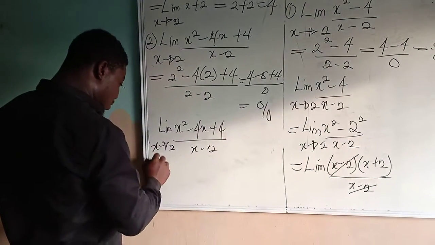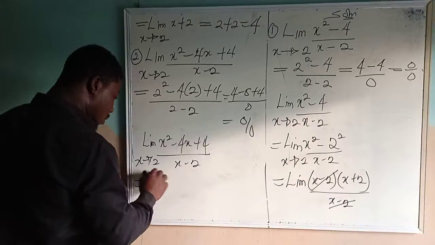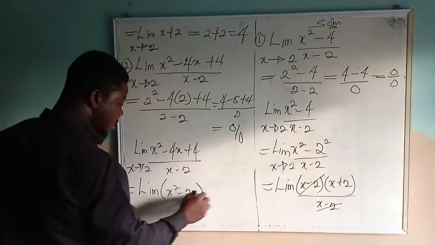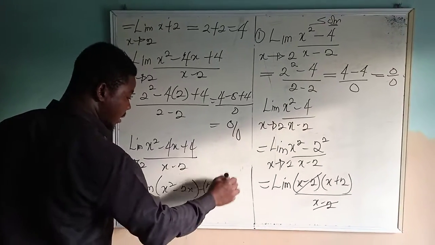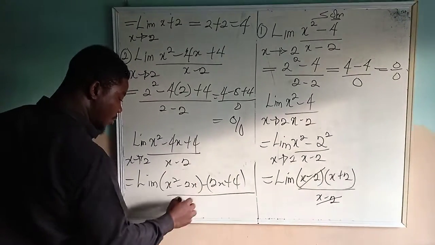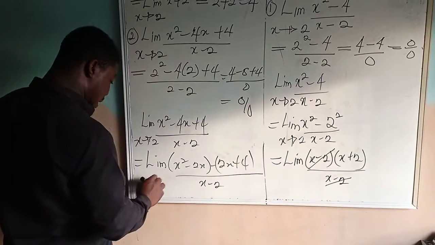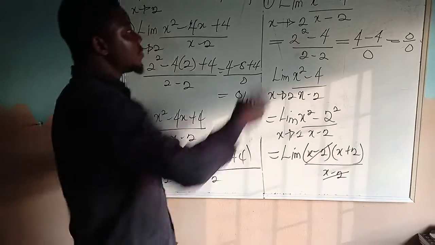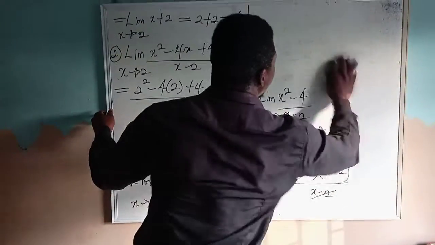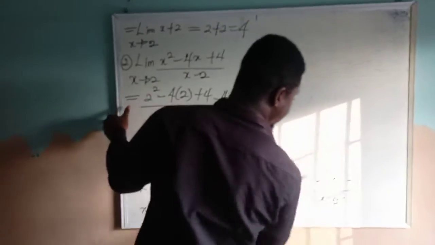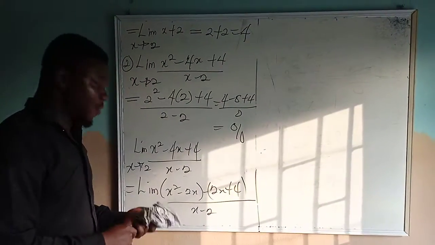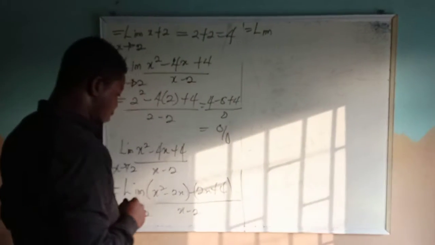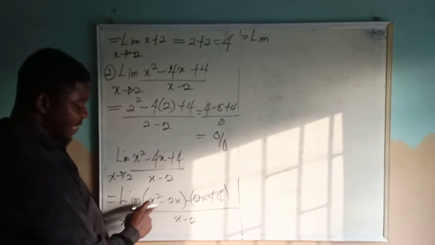And then that gives us the limit of x^2 - 2x - 2x + 4 all over x - 2 as x approaches 2. Evaluating further, you factor out: there is x here, there is x here.